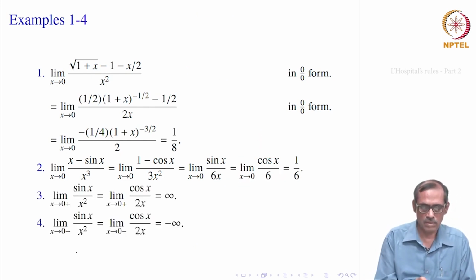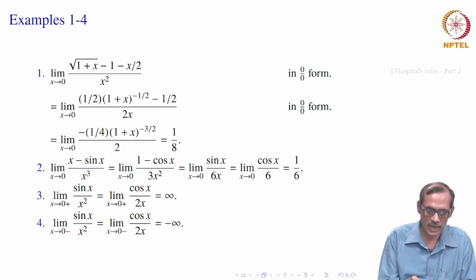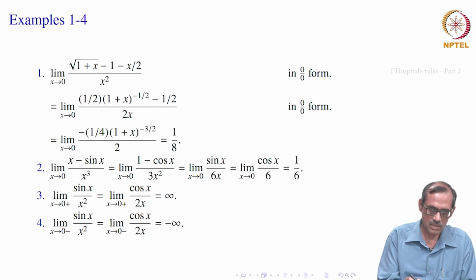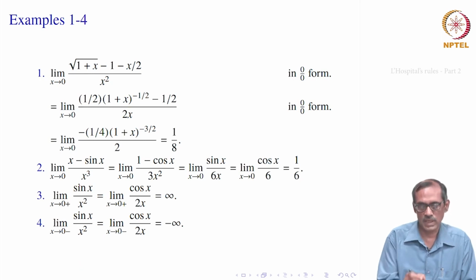Let us go to the third problem. It says to evaluate sin x by x square as x goes to 0 plus. We are interested in the one sided limit only. So, again it is in 0 by 0 form. So, you differentiate the numerator and the denominator, that gives cosine x in the numerator and 2x in the denominator.